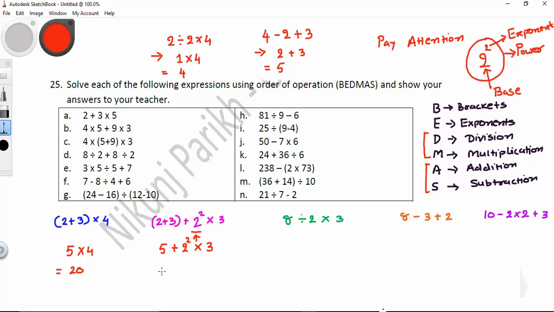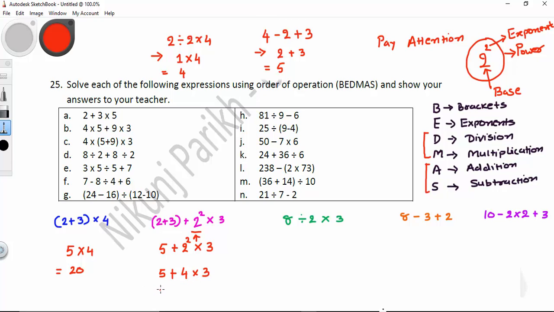So I'll write 5 plus 2 squared, that is 4, times 3. Now we have addition and multiplication. And as per the rule of BEDMAS, the higher priority goes to multiplication. So I have to multiply first.